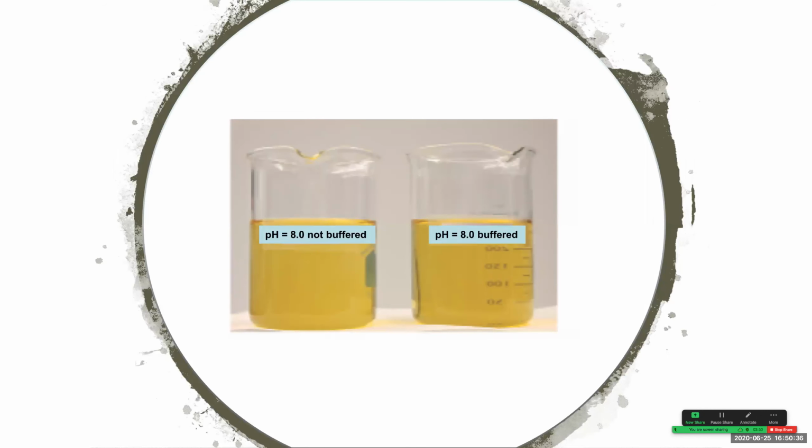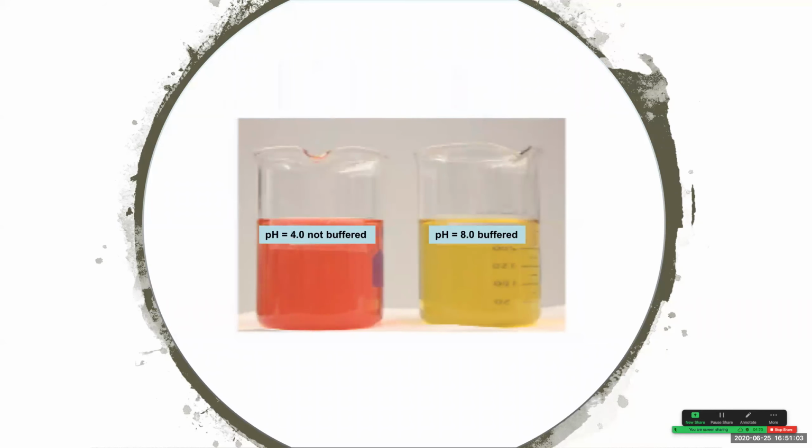So here's how a buffer works. In this slide, we have two solutions at pH 8. The one on the left is labeled not buffered, and one is labeled buffered. So what happens when we add, say, 1 mL of 0.1 molar acid to each of those? Well, the one that's not buffered, the pH changes to 4.